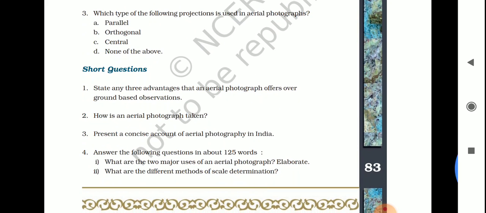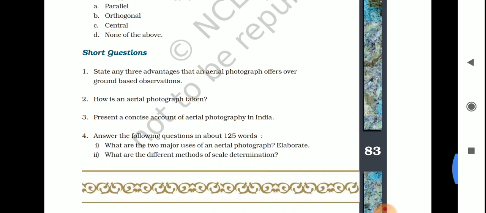Right, now short answers. First is, state any three advantages that an aerial photograph has over ground-based observation. The answer of this question is: it improves advantage point, time freezing ability, broadened sensitivity, and three-dimensional perspective.